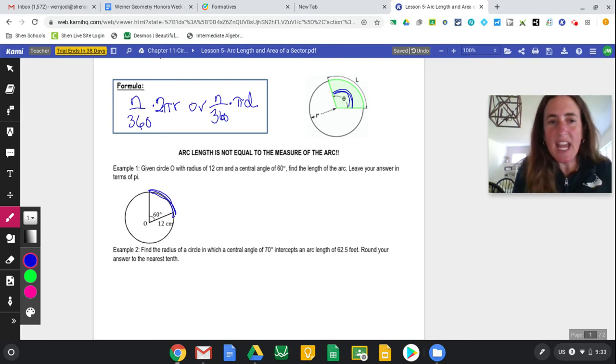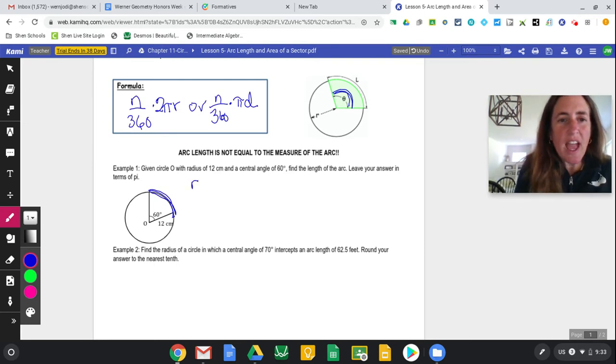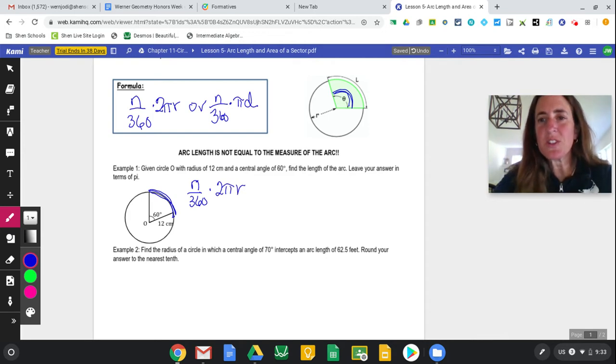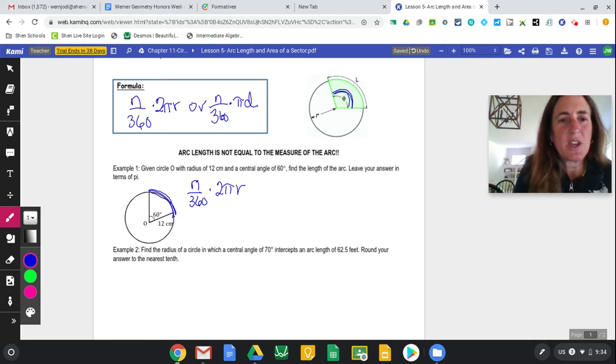So we're going to take our formula, n over 360, and I have a radius, so I'm going to use 2 pi r. That's just part of the circumference formula. We're finding the length of something, and the circumference around the circle is the length. So now I'm going to do 60 over 360, times 2 times pi, and my radius is 12.